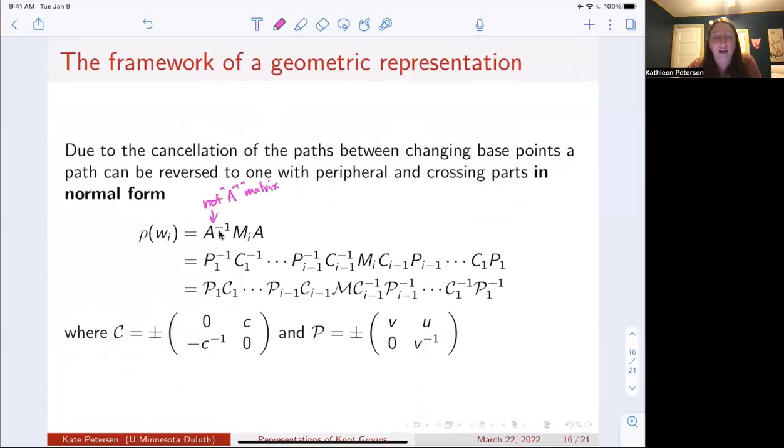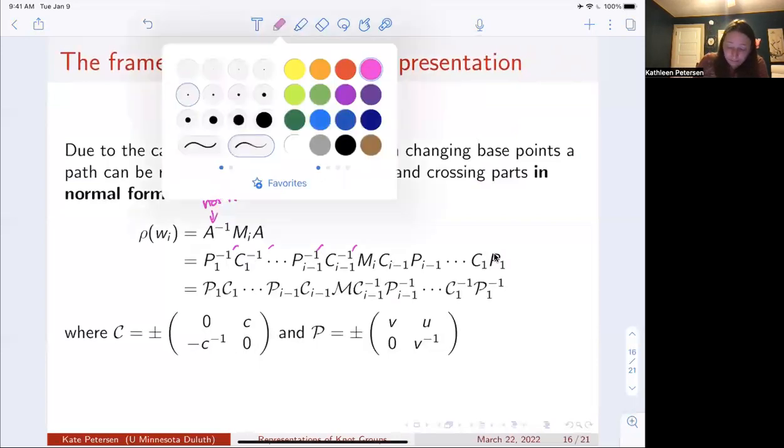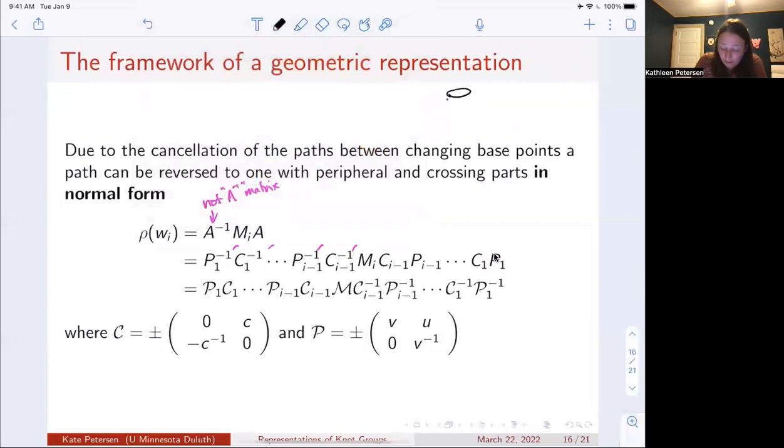But if I matricify the P's and C's corresponding to the retreating path, then what I get is a sequence of matrices where I want to put primes here because these correspond to different lifts. Okay, well, when I normalize so that each of these matrices looks like their normal form, which for the P's are elements along my favorite banana, so a P matrix corresponds to something along my favorite banana B naught.